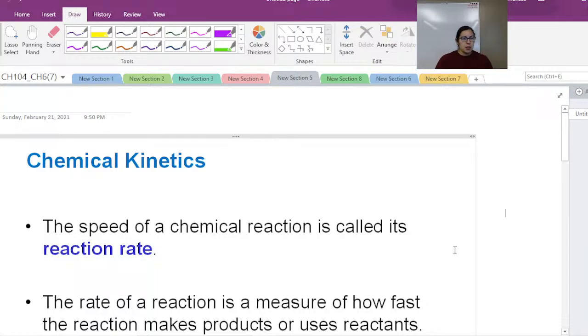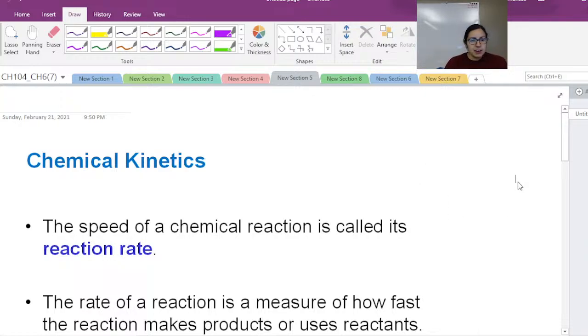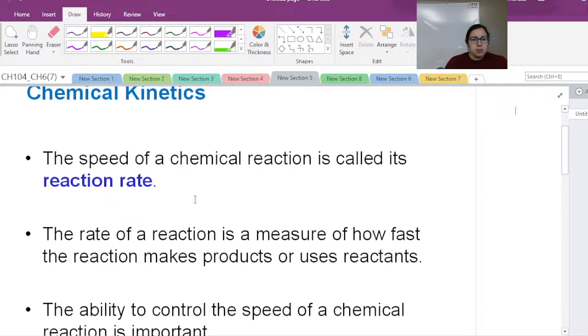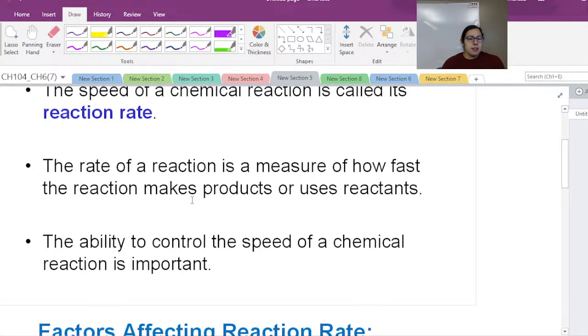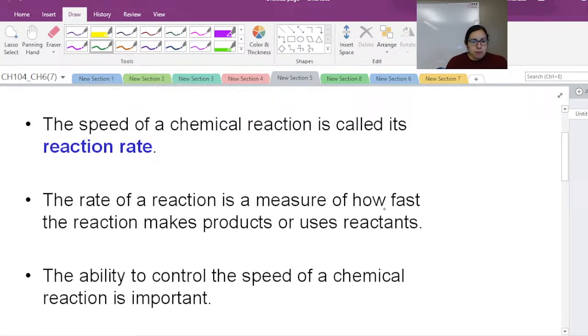All right, so we've covered a lot here, just touching on all these ideas. With thermodynamics, we also have kinetics, which is somewhat related but also separate. Our rate of reaction is a measure of how fast the reaction makes products or uses reactants.